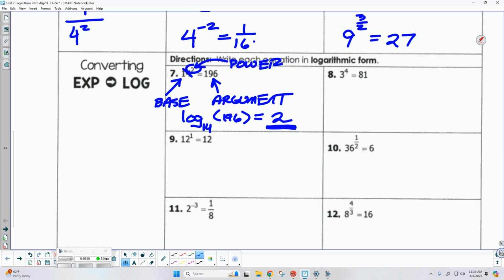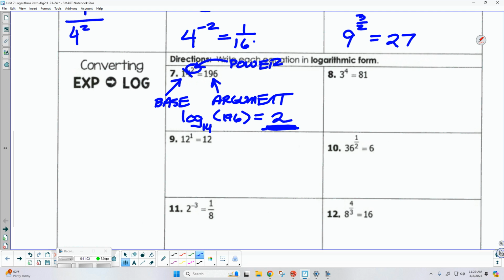So whatever your exponent is, that's what your log has to equal, because that's what a log is. It is simply a power. Log base 14 of 196 equals 2. Now, you don't have to put the parentheses. I got in the habit of doing so because I like to see exactly what I'm working with, and the calculator does that anyway. Yeah, you're exactly right.